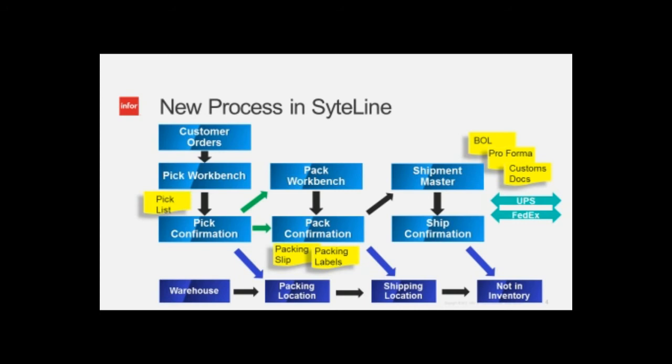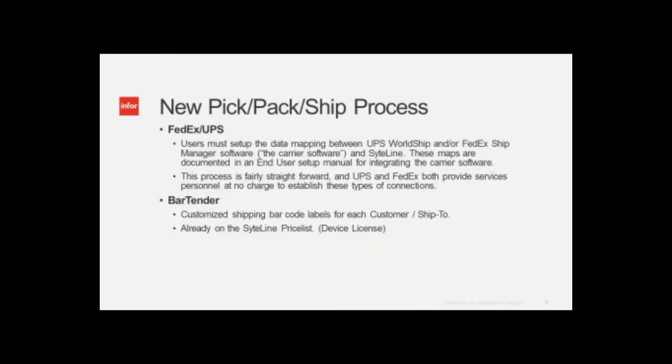Is it in packing? Is it in shipping? Has it been picked yet or not? So that's, in a nutshell, kind of the process flow, but again, it can be tailored to your organization's needs. I'll come back to this screen a little bit later on FedEx and UPS.